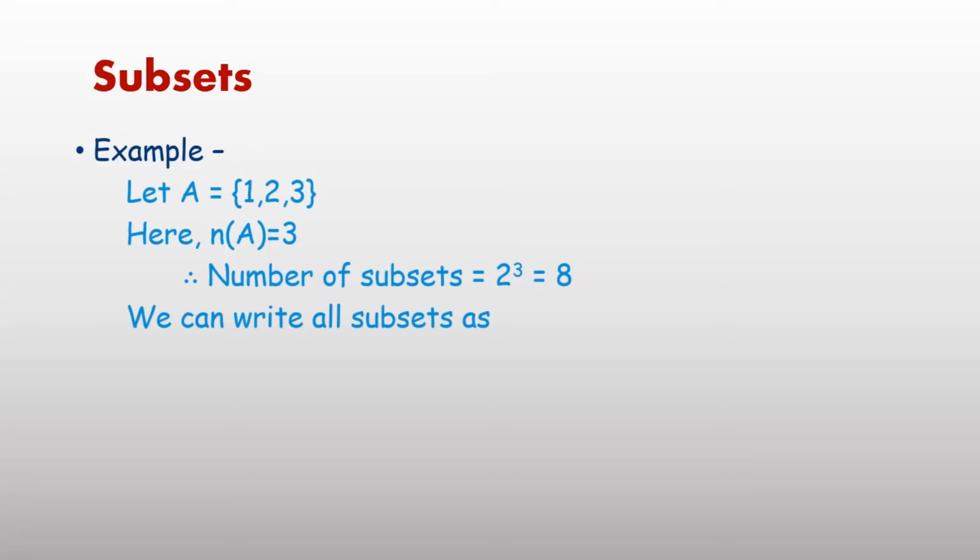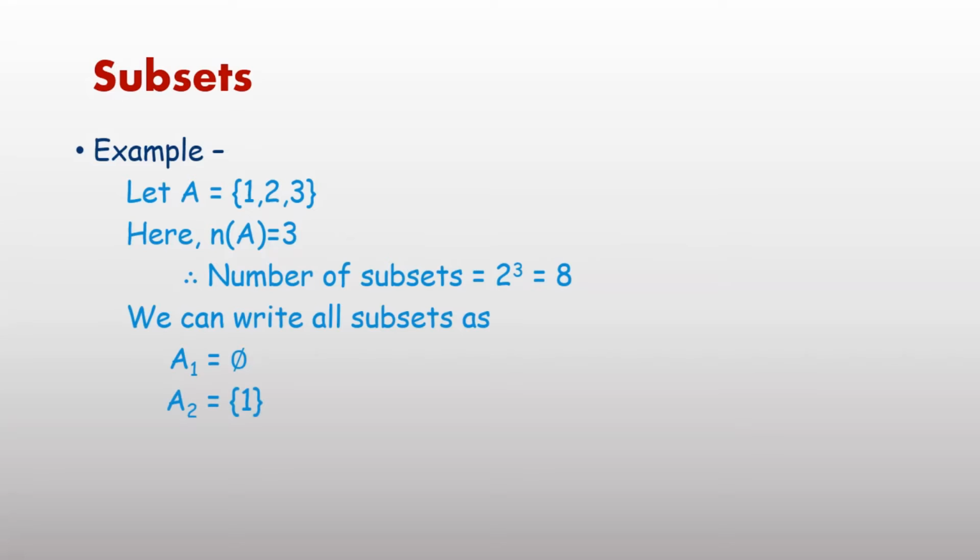Now, try to write all subsets of set A. Number of subsets is confirmed here, that is 2 power 3 equal to 8. You have to write all subsets. Smallest subset A1 is the empty set, because the empty set is a subset of all sets.